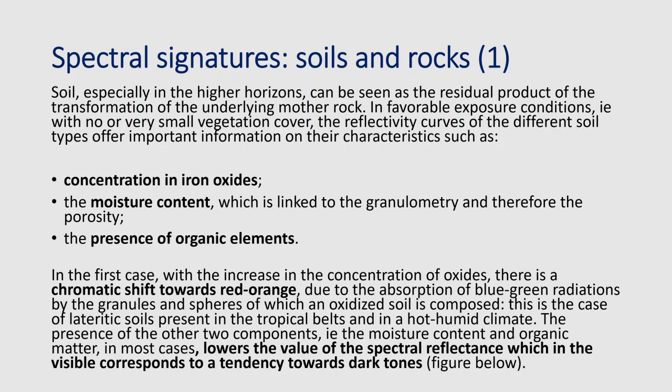And the color of the soils can give you some very important information concerning the concentration of iron oxides. While the presence of the other two components, for example the moisture content and the organic matter, in most cases lowers the value of the spectral reflectance, which in the visible corresponds to a tendency towards dark tones.